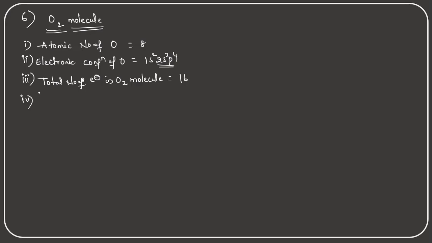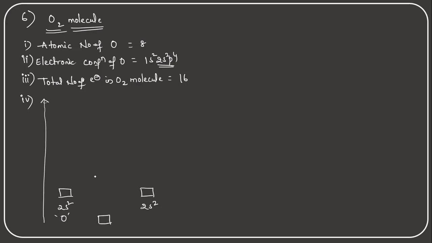And the fourth point is the energy level diagram of the oxygen molecule. The atomic orbitals of one oxygen I am taking on the right side and the other on the left side. So the outermost orbital configuration I am taking here. This is the 2s2 atomic orbital of oxygen and the 2s2 atomic orbital of another oxygen.